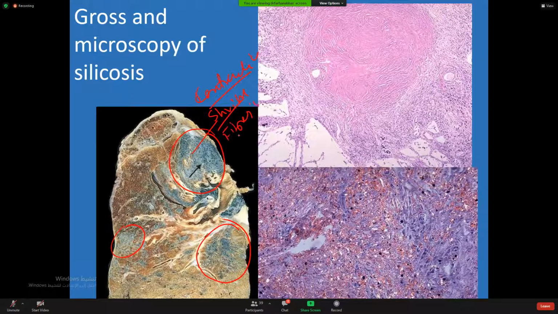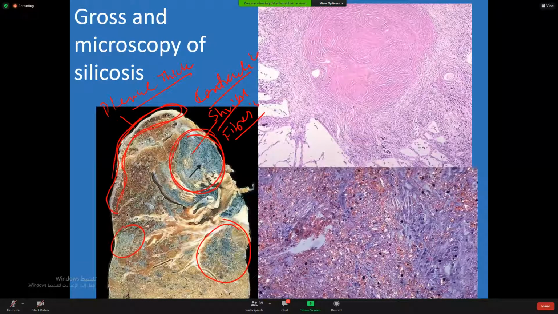The second thing that you can appreciate is the lining of the pleura becoming very thick over here. Pleural thickening. So in a case of lung silicosis, in the lung parenchyma it is going to cause silicotic nodules, and on the pleural surface it will cause pleural thickening.